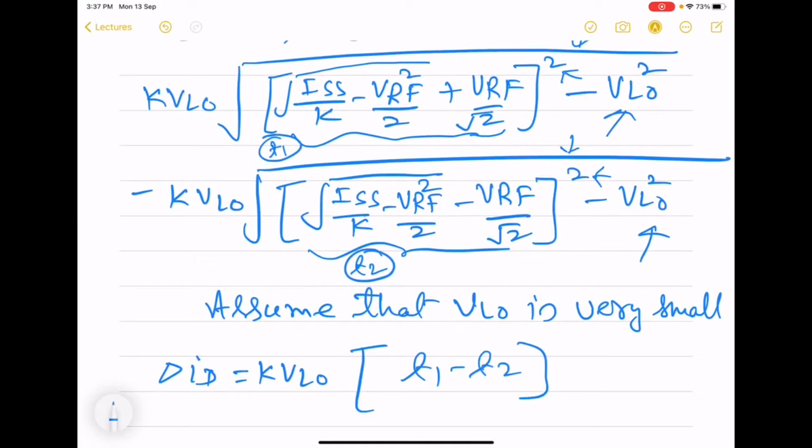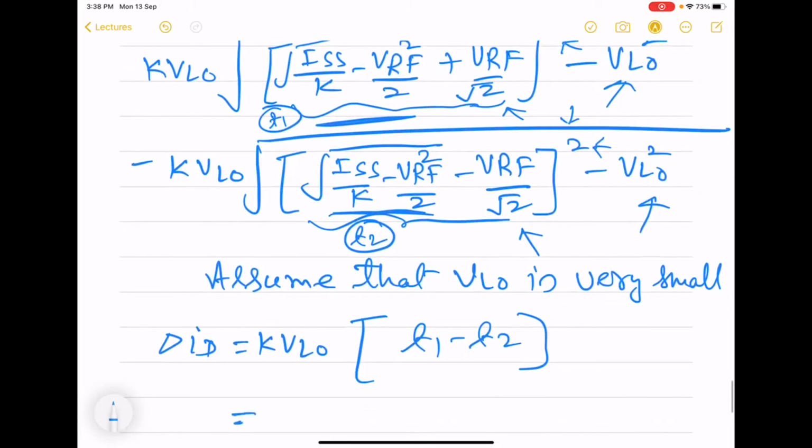And in this term, you can see that the square root term is common to both. This much of the term is common, so this will cancel out. What we will survive with is only this VRF term. So finally, this will become K VLO into VRF by square root 2, and of course another factor 2.